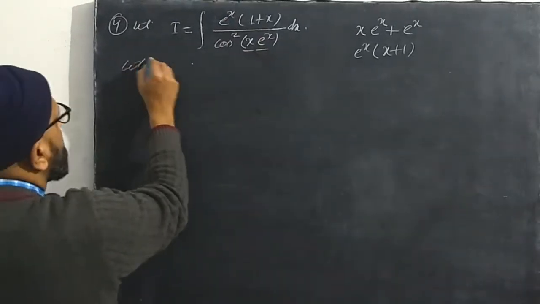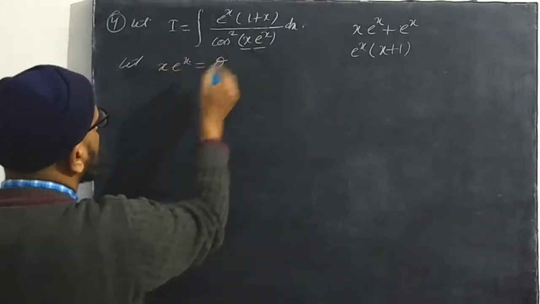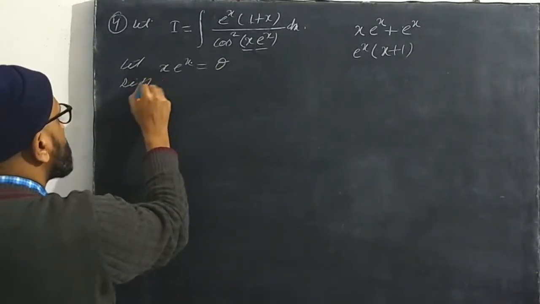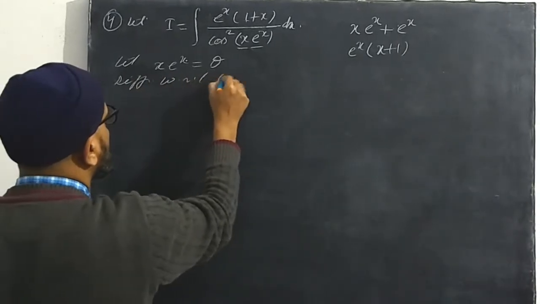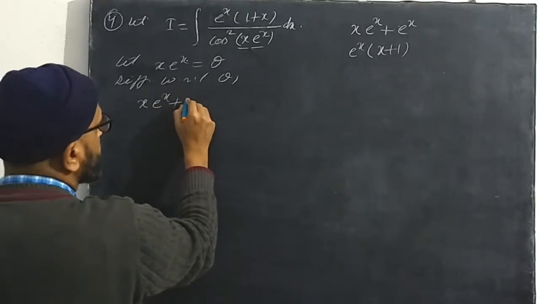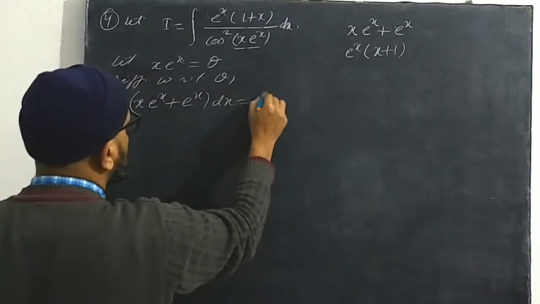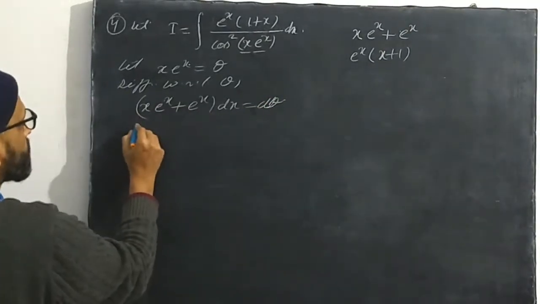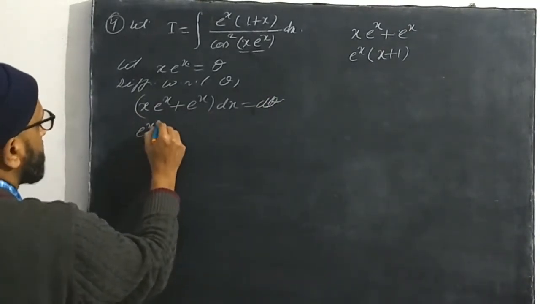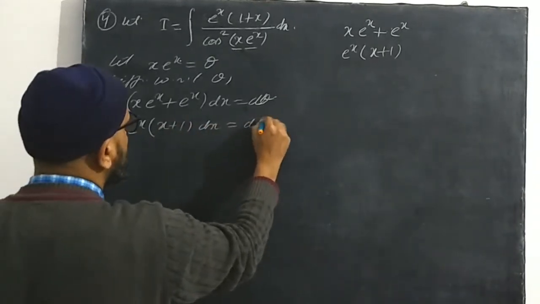So simply we have to assume x e raised to the power x as theta, and differentiating, we get x e raised to the power x plus e raised to the power x dx is equal to d theta, and taking e raised to the power x common out of it, we get e raised to the power x, x plus 1 dx is equal to d theta.